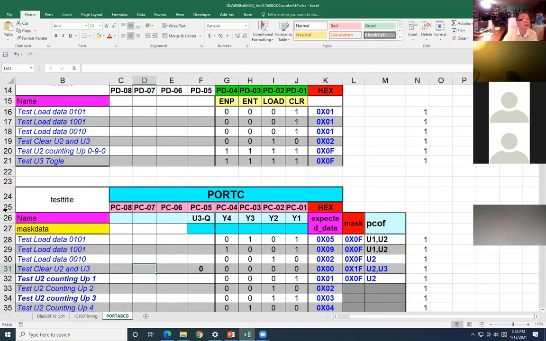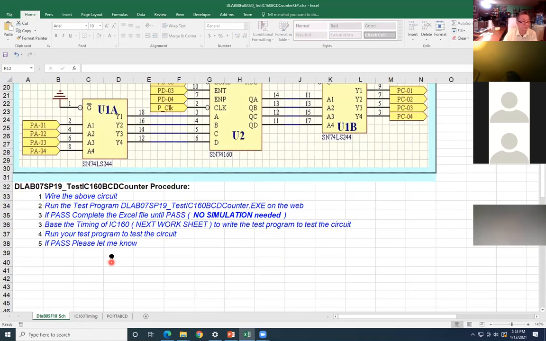Mhm. Number 2. Okay. Loading number 5 means you can apply 0, 1, 0, 1 from PA. Then at the output here, you can get the same 0, 1, 0, 1.